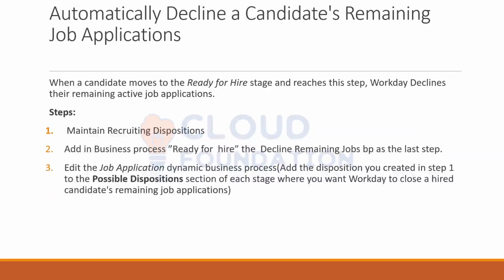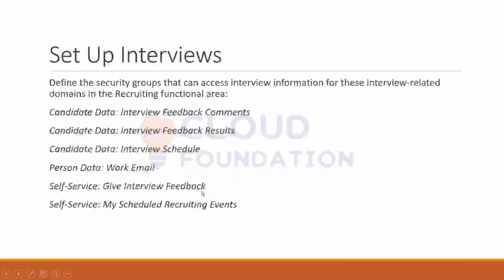See, what we did over here: we created disposition reasons, and in the business process ready for hire, the decline remaining jobs BP should be put as the last step. Okay, got it. And then you need to add those dispositions in each and every stage.